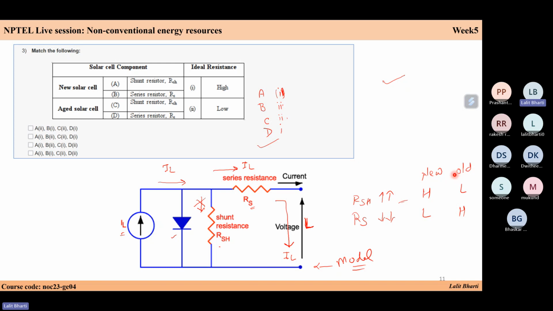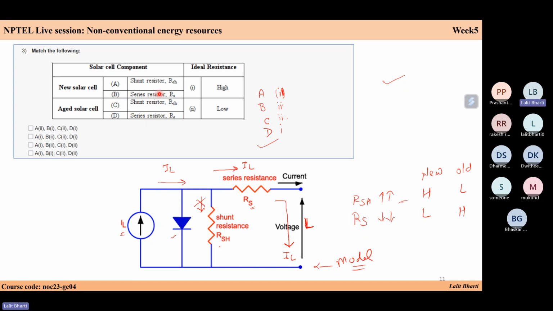But by the time, your resistance changes, and in your old solar cell, your shunt resistance gets lower and your series resistance gets higher. It is representing that your resistive losses are increasing over time. There are various phenomena why the resistive losses are increasing over time. So in your solar cell, as time passes, the efficiency will decrease.